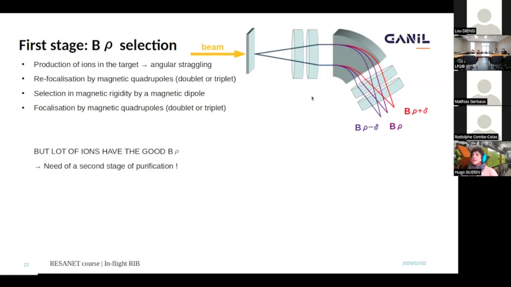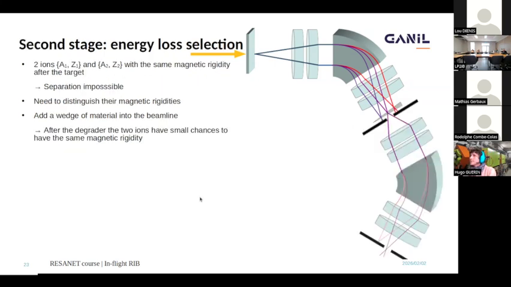But in fact, with this reaction in the target, a lot of ions have the good magnetic rigidity. So one needs a second stage of purification. This second stage is done by energy loss, so it is called the energy loss selection.